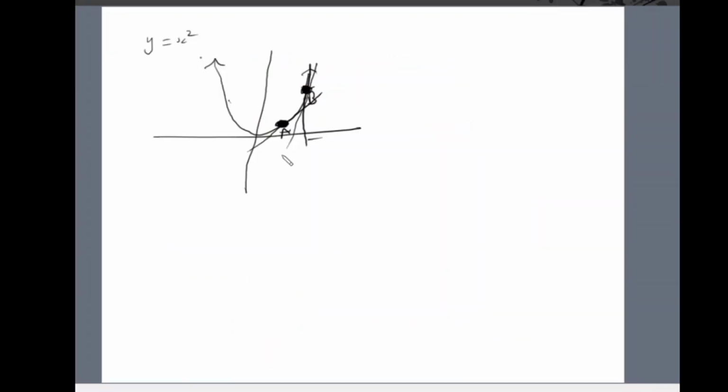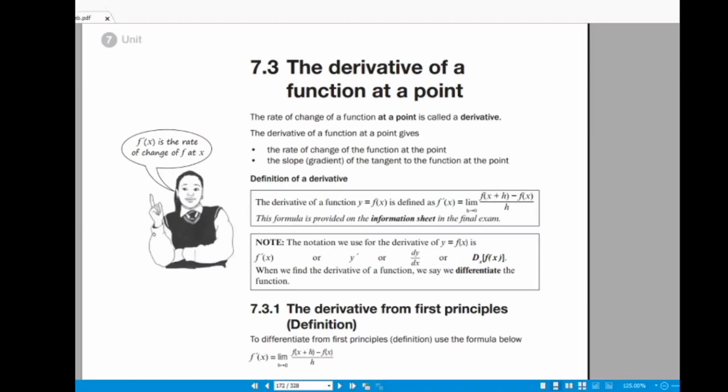So the derivative of the function at this point is the gradient of the function at this point. That's all they are trying to say. The derivative of the function at this point is the gradient of the function at that point, which is the same as the gradient of the tangent passing through that point, right?